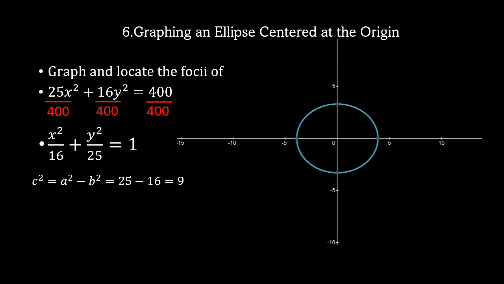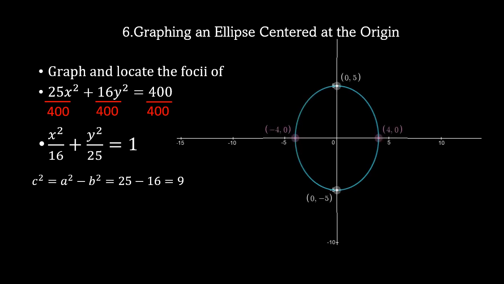And for the foci we have 0, 3, and 0, negative 3. So these are the foci. Keep in mind the points we have.